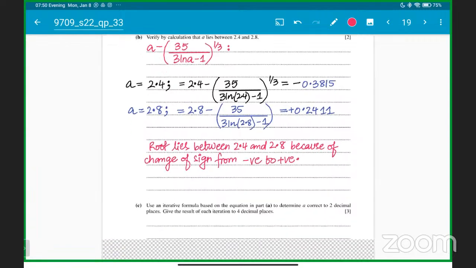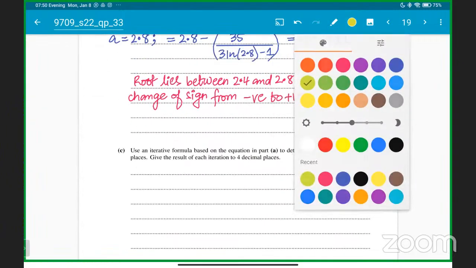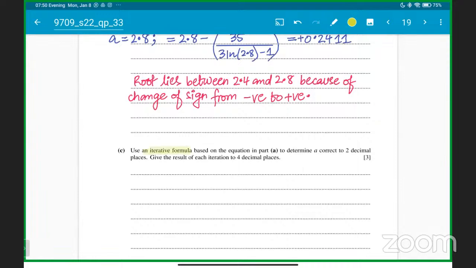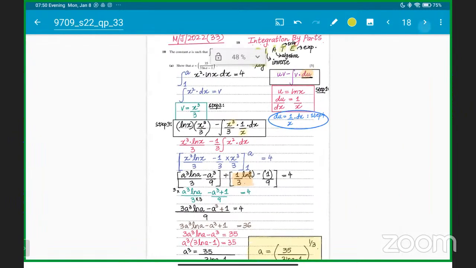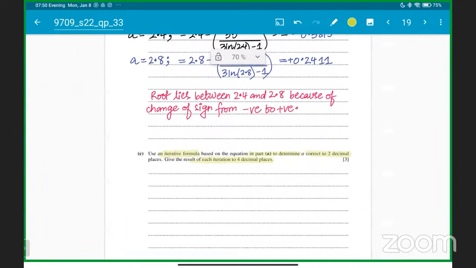Okay, students, clear? And then we have to use the iterative formula from part A to determine the root correct to 2 decimal places. So we have to use this formula, students: A is equal to 35 divided by 3 times ln A minus 1, to the power of 1 over 3.